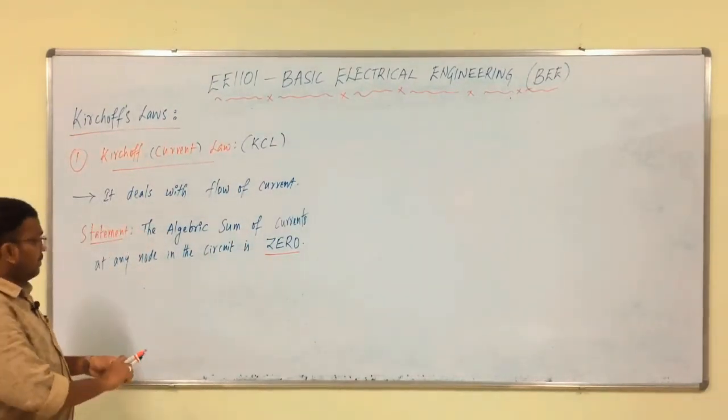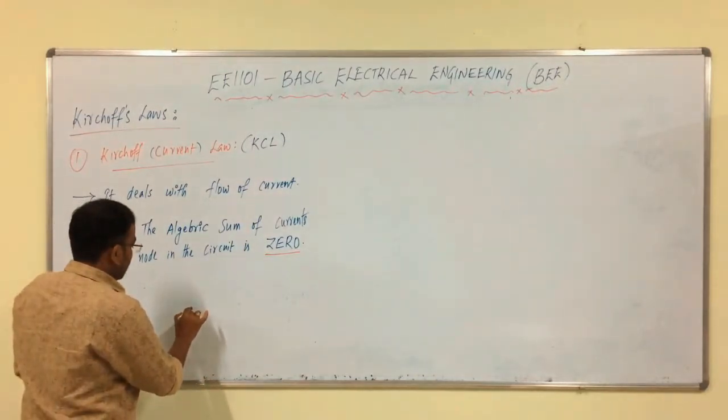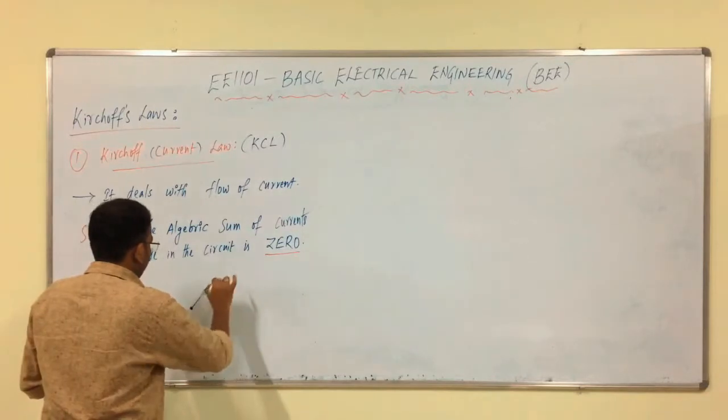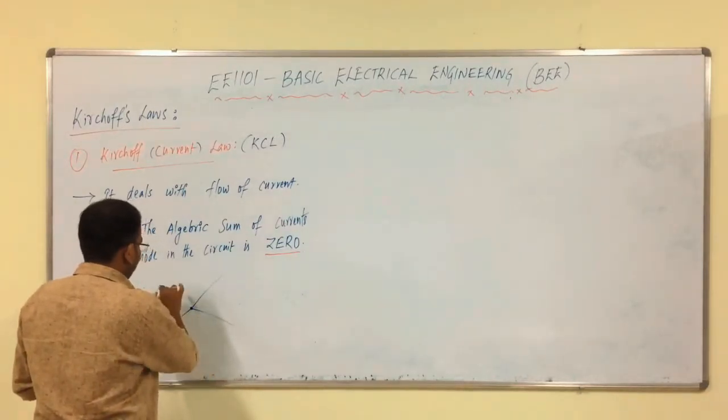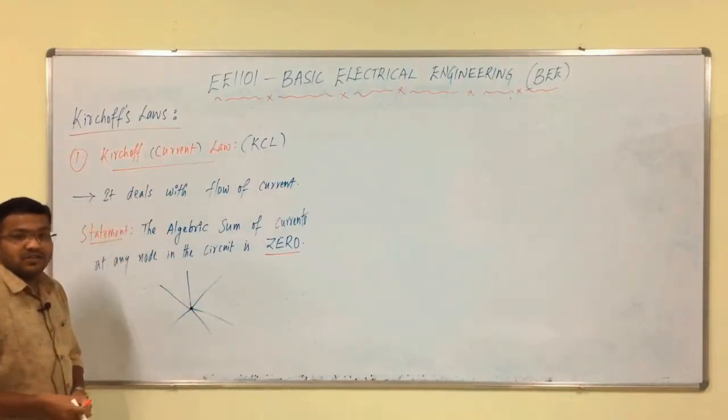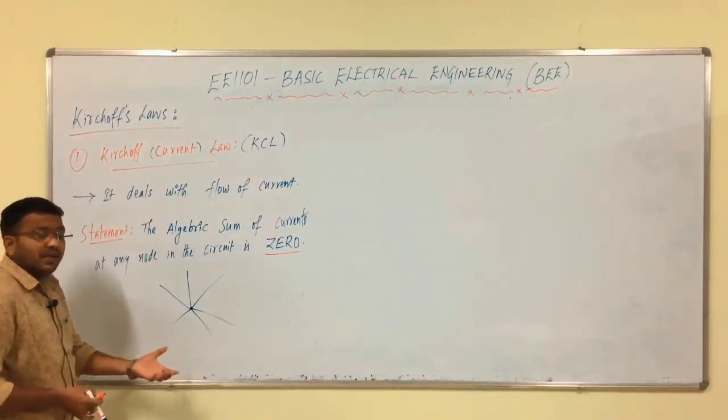For example, this is a node, this is a node, and these are the branches of that corresponding circuit.